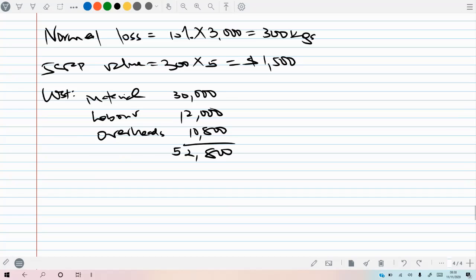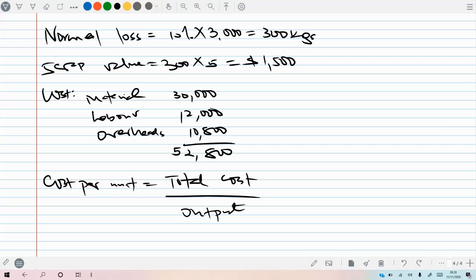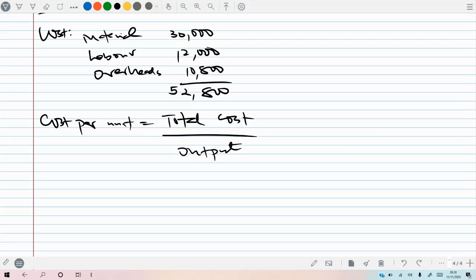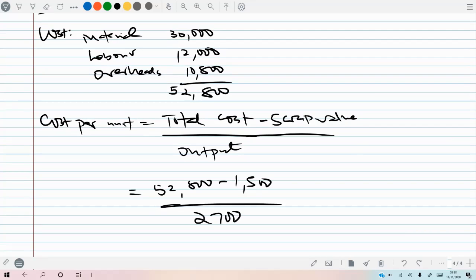Therefore, the cost per unit is given as total cost divided by the output. In this example, we have some normal loss items, so the cost per item is total cost minus the scrap value: total cost 52,800, scrap value 1,500, and output equal to 2,700.